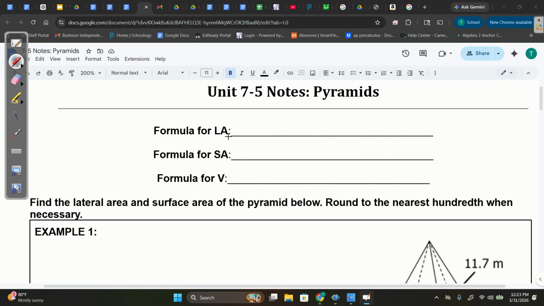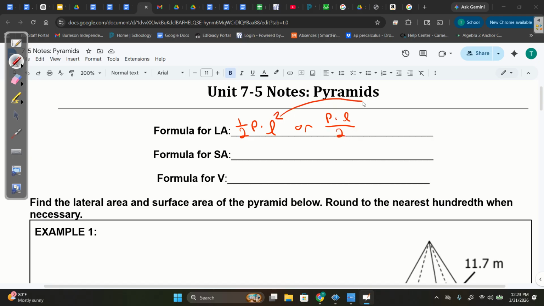So, we have the lateral surface area and volume formulas we need to learn. The lateral surface area formula is 1/2 perimeter times slant height, or if you prefer, you could do perimeter times slant height divided by 2.